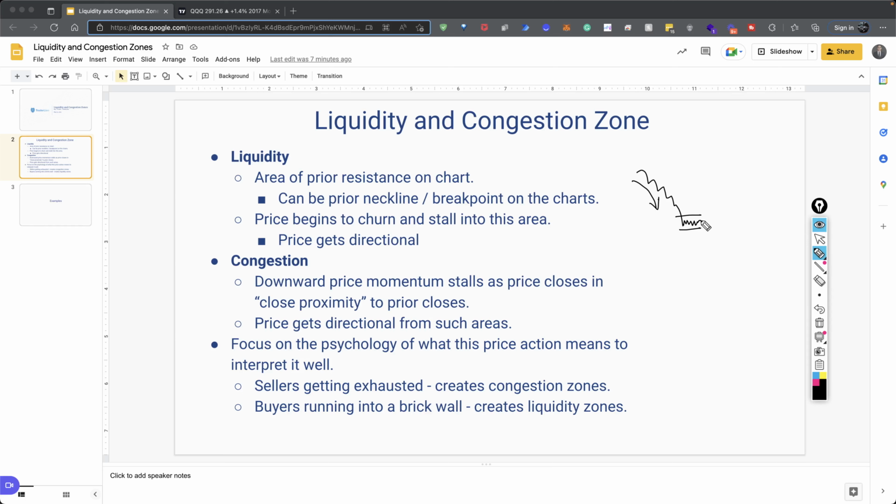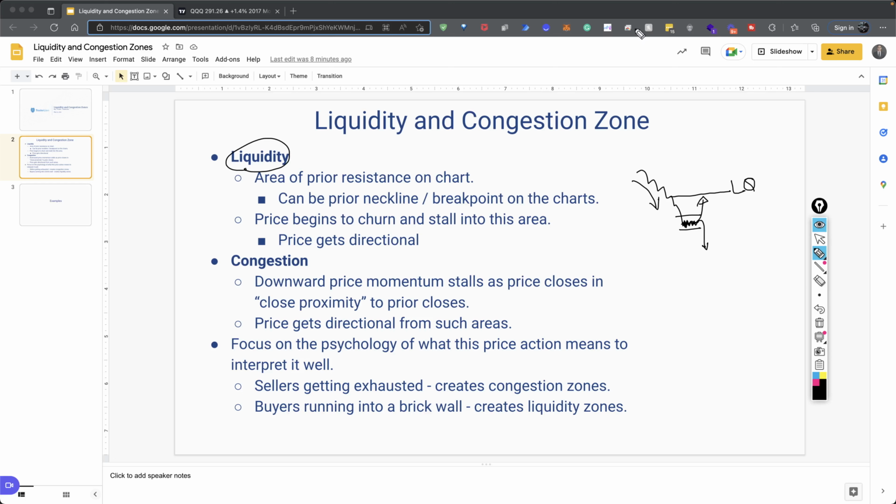There are no new sellers at this point for price to go even lower. So price tends to flatten out and not go anywhere for a few sessions in a row on a closing basis. Eventually we get short covering rallies out of these, usually intermediate rallies, right back into liquidity zones, which we discussed here.